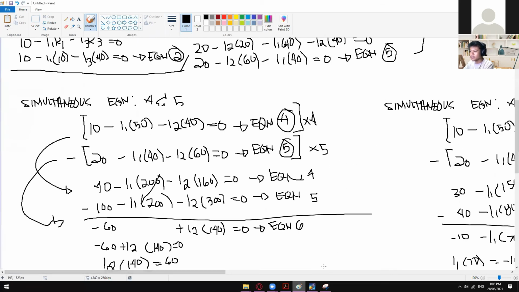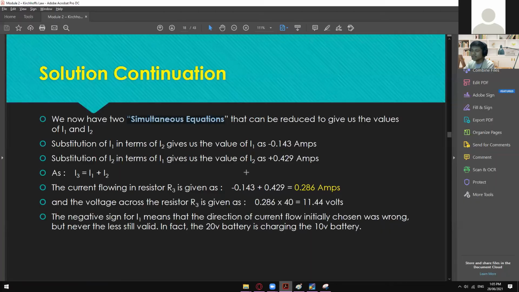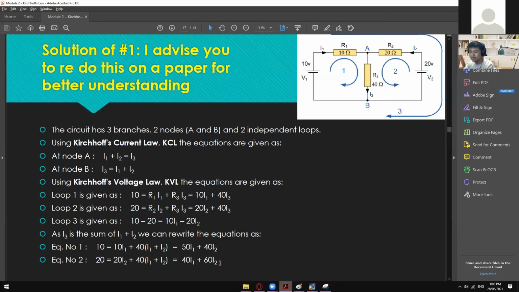But if you want to do the short method, as long as you know the final equation of this one and this one, then you can use your calculator to get the I1 and I2. So just look for the function.